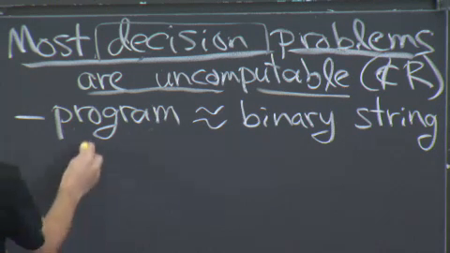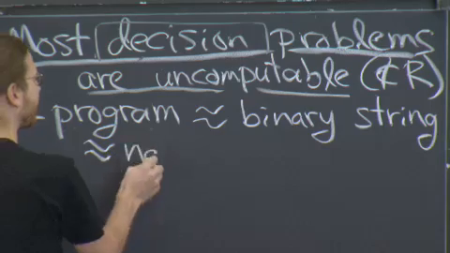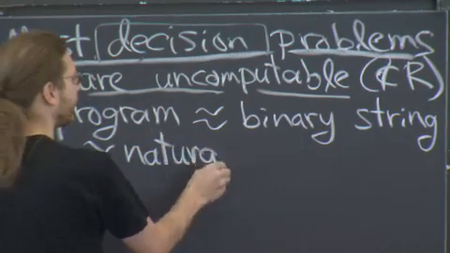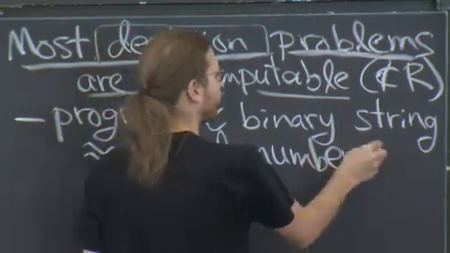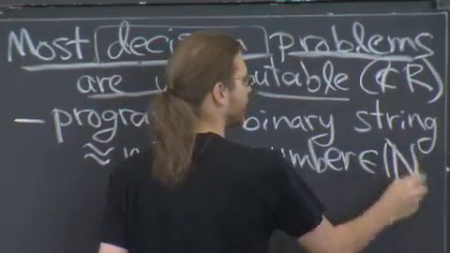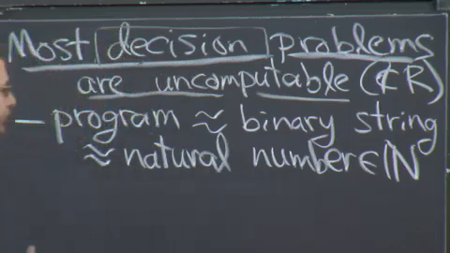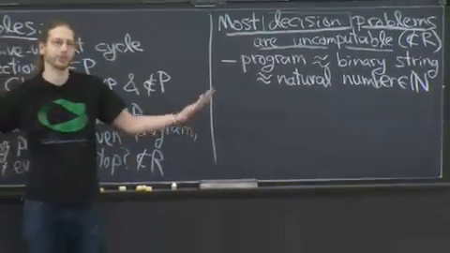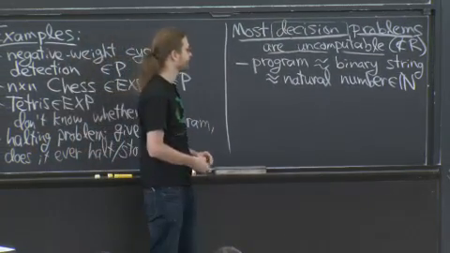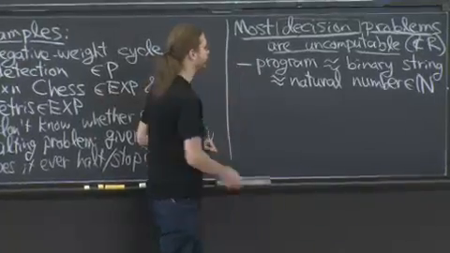So you can also think of a program as a natural number, some number between 0 and infinity, an integer. Usually we represent this as math bold N. That's 0, 1, 2, 3. You can think of every program as ultimately reducing to an integer. It's a big integer, but hey, it's an integer. So that's the space of all programs.